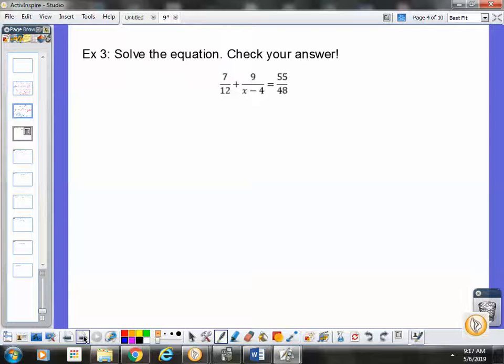If we were to get a common denominator, what would it be? Time out. What can x not equal, first of all? 4. If we get 4 as our answer, we know we've done something wrong or there's no solution. Now, if we were to get a common denominator, what would we use? 48 and x minus 4.